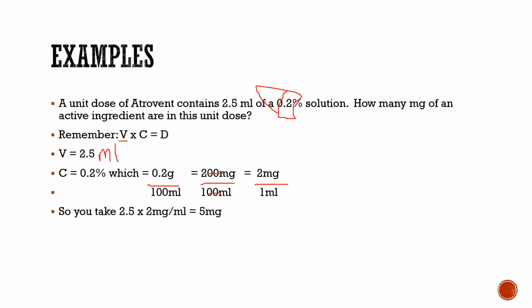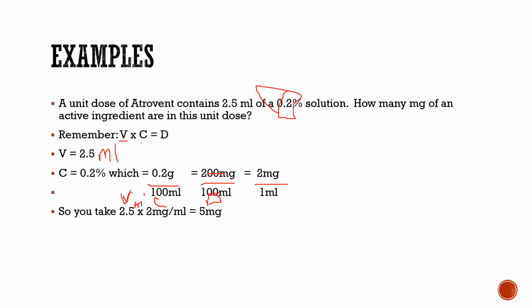So now you have your concentration. You're going to take your volume times your concentration, and that's going to give you your dose. So let's just do straight across math. 2.5 times 2 equals 5. The 1 stays at the bottom, your milligrams stay there, and your mils cancel out.